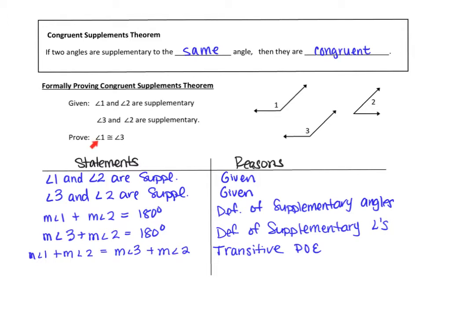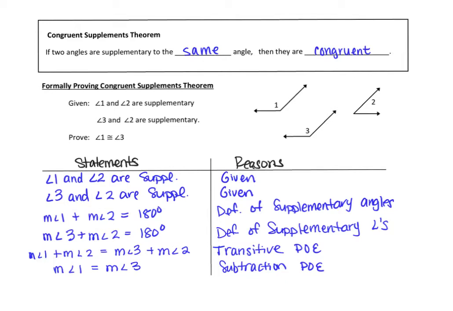Now, if I'm trying to prove that angle 1 and 3 are congruent, I can get rid of this angle 2 by subtracting it from each side, which would leave me with measurement of angle 1 is equal to measurement of angle 3, and I get that by applying the subtraction property of equality.